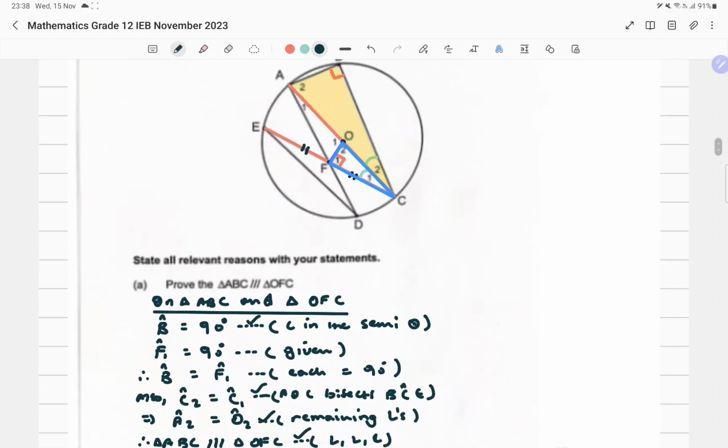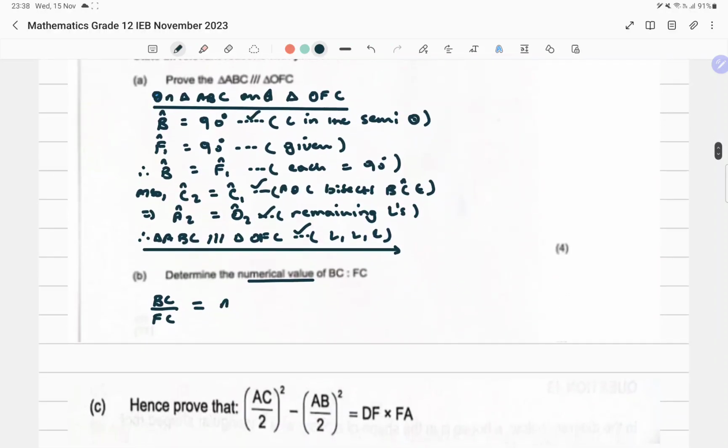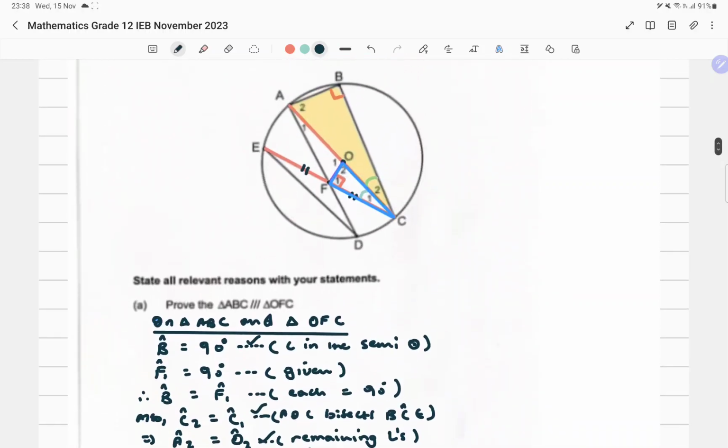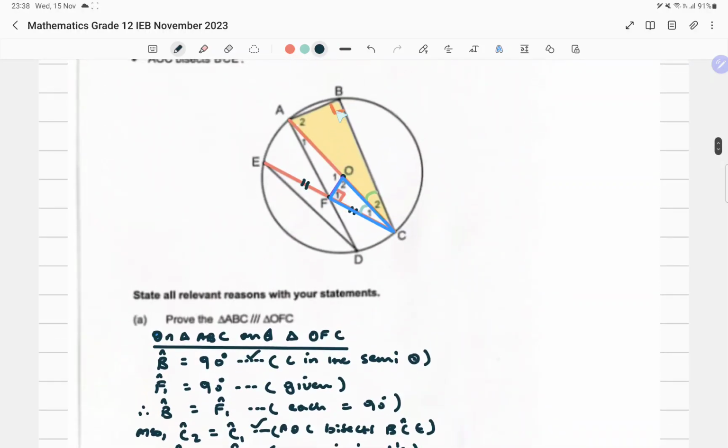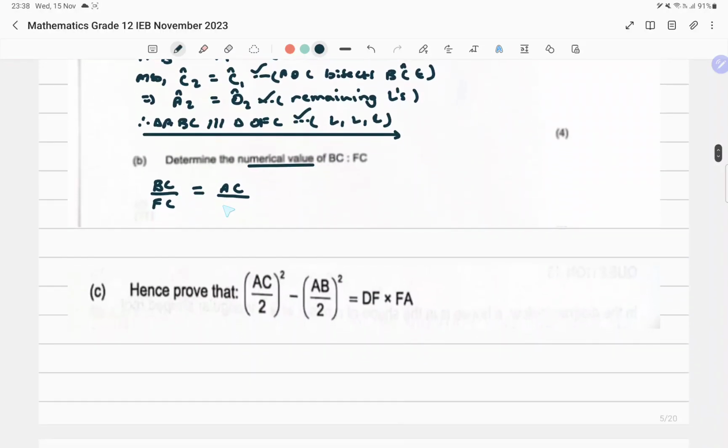So I'm going to say AC over OC. Now AC is opposite the right angle. The right angle is equal to F1. The side opposite that is OC. Now, these are the proportional sides in similar triangles.